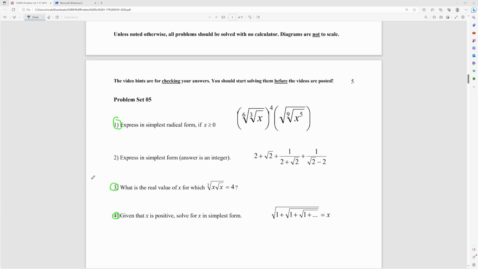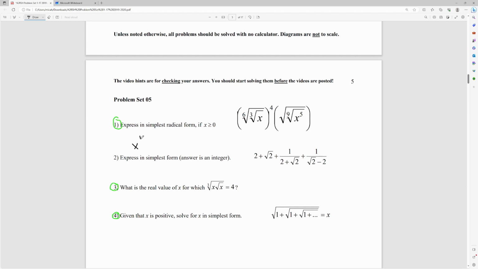Alright, this next one looks pretty cool. So the 6th root of the cube root of x to the 4th times the 9th root of the square root of x to the 5th. And we need to express this in simple radical form. I think the best way to go about this is to re-express this as a fractional exponent.